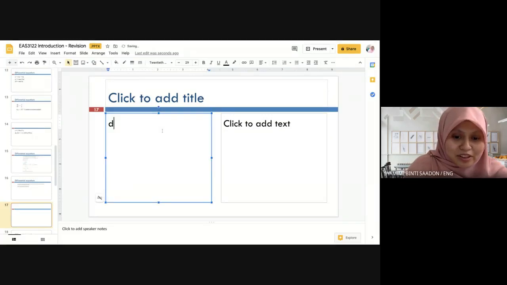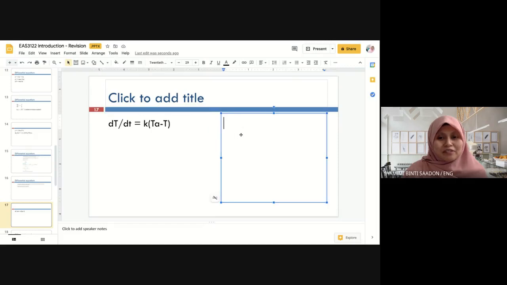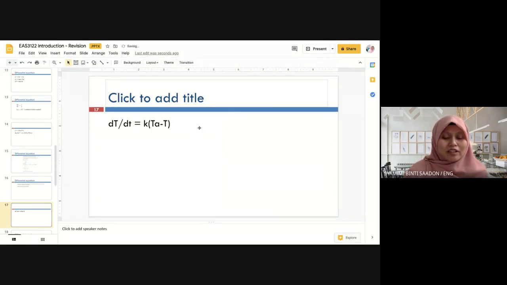So dT over dt, the temperature over time, because the rate equals k(TA minus T), where TA is the ambient temperature. K here is a coefficient.